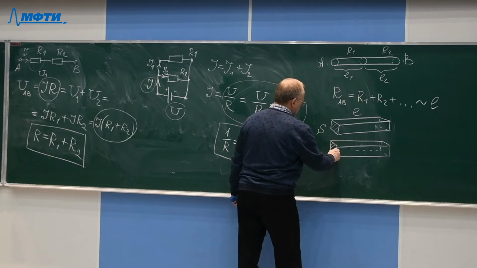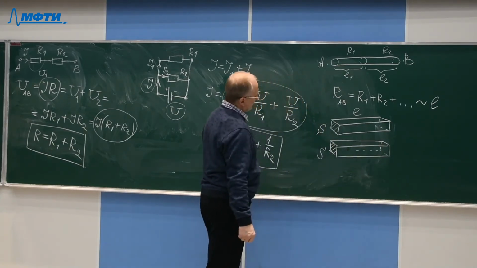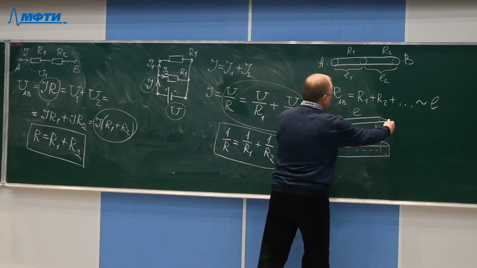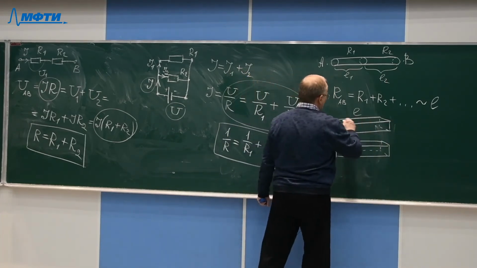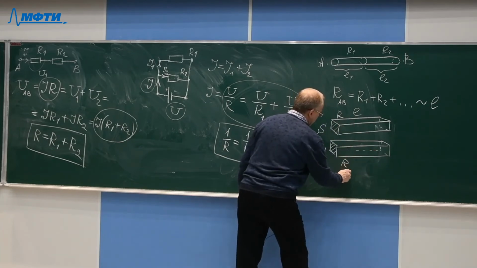So that is the same cross-section but another piece of wire. This wire will have some resistance R, and this wire will have some resistance R.